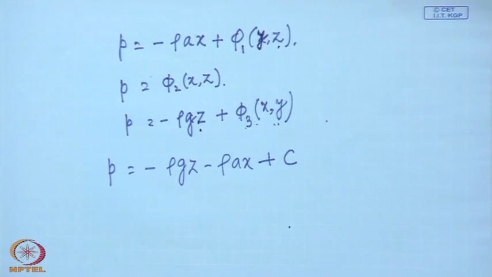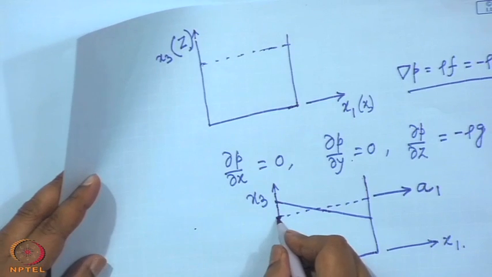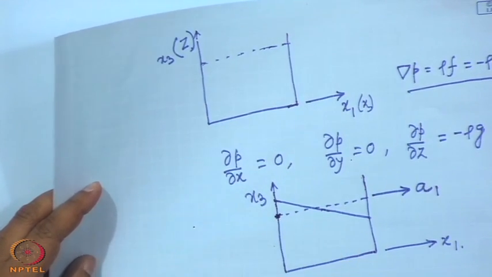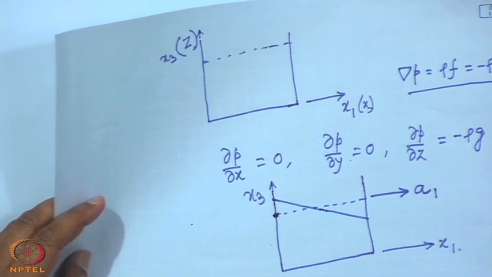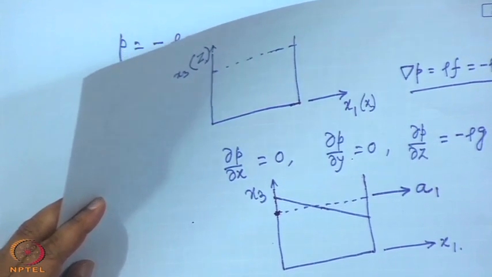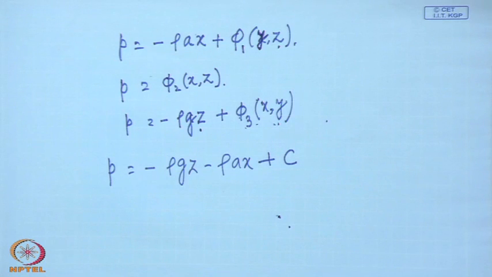Or let us say, still easier, if we make that point the origin, because that is what we are actually doing, x and z, the origin is here at the top left corner, which has x equal to 0, z equal to 0. And then what is the pressure at that point?